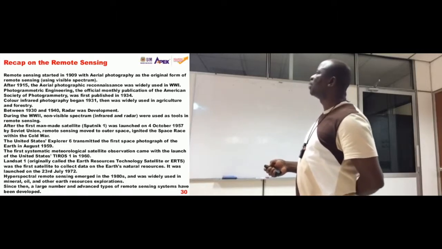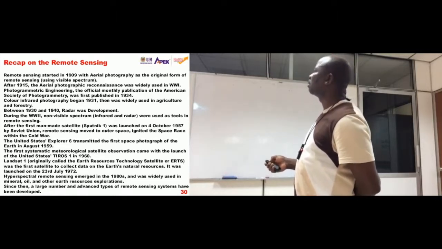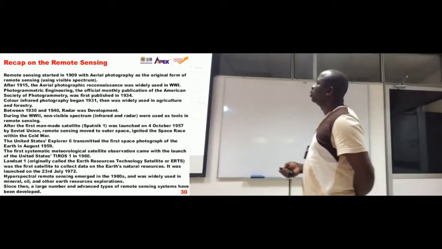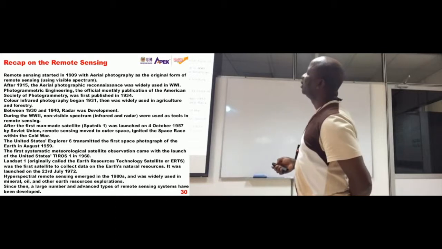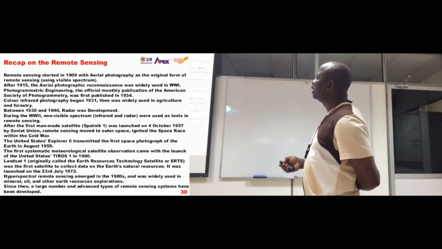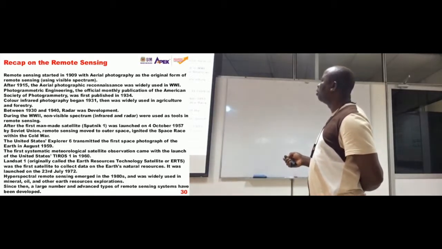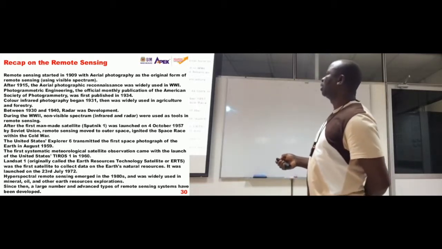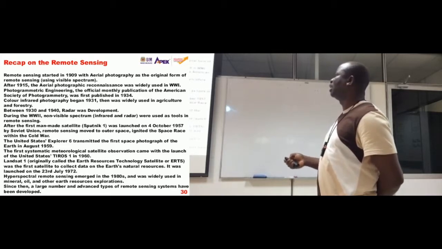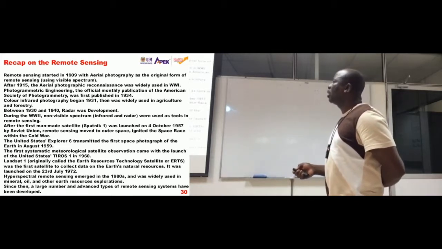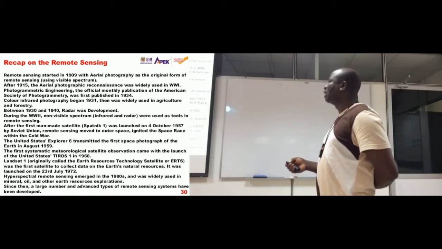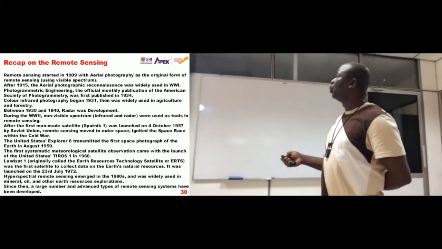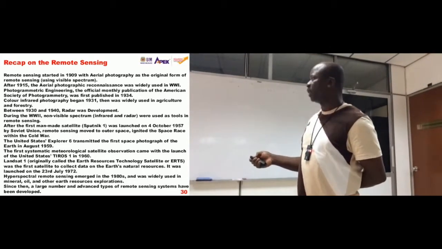After 1915, aerial photography was widely used in World War I, while Photogrammetric Engineering, which is the official monthly publication of the American Society of Photogrammetry, was first published in 1934. Color infrared photography began in 1931, and was widely used in agriculture and forestry.